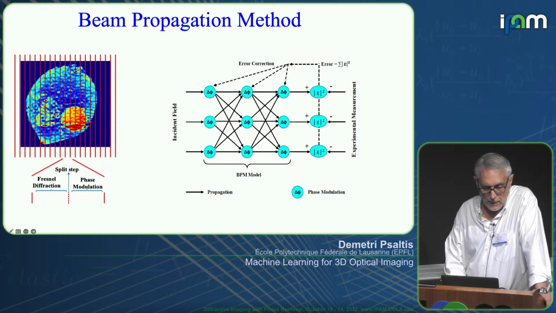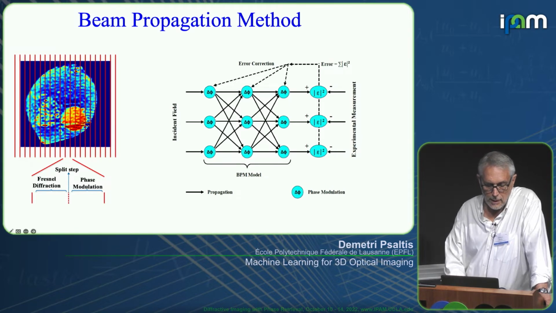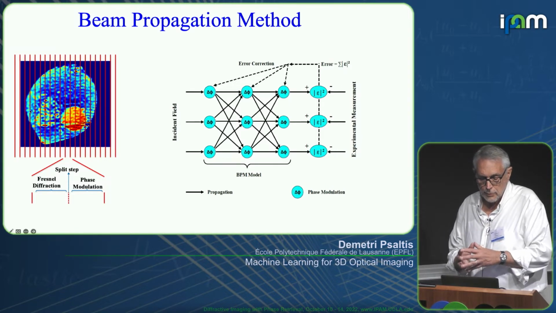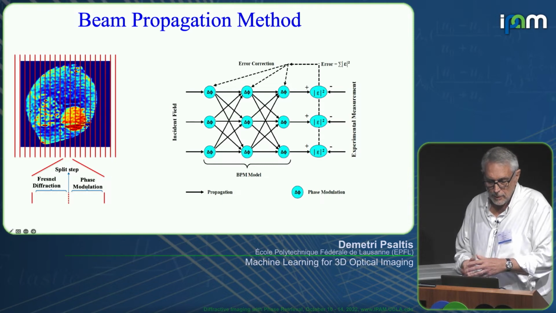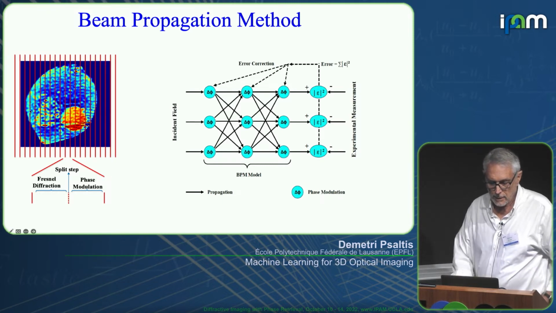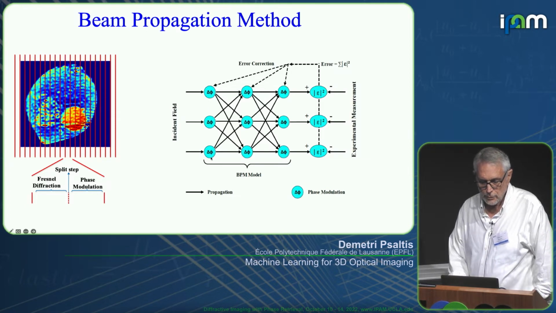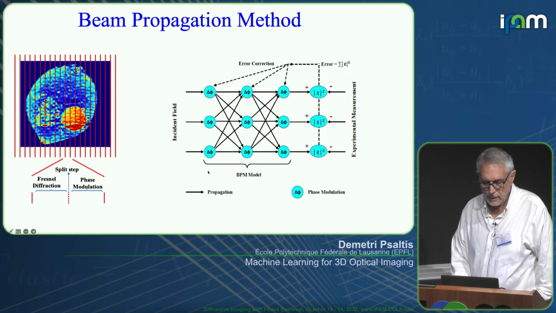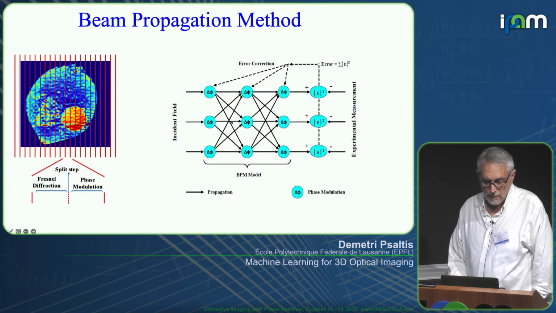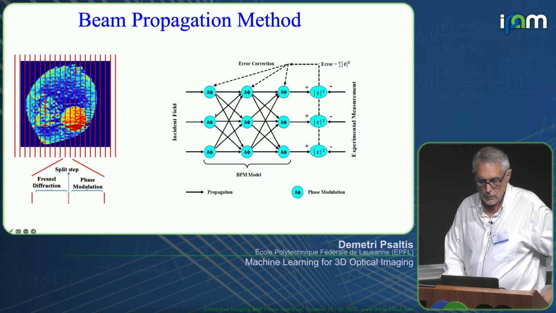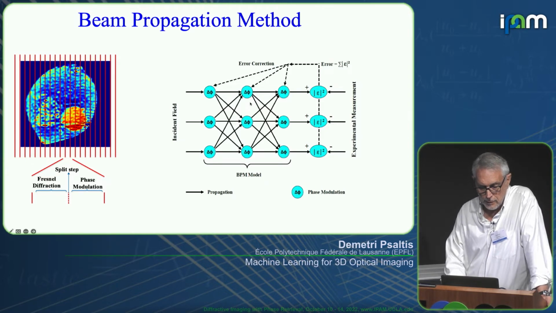If you want to write the diagram for what I just told you, you take the 3-dimensional sample you'd like to image, and you cut it in thin slices. Then in each slice, 2 things happen. One is the phase modulation, this circle delta phi. And then some diffraction, which is represented by these black arrows. These are just fixed kernels of the Fresnel diffraction operator. And that's the next slice and the next slice.